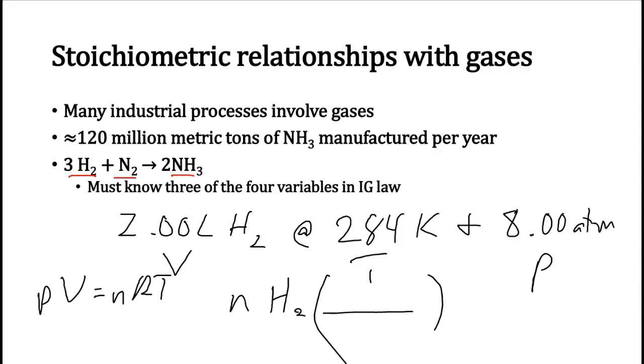We'd say, okay, for every 3 moles of hydrogen, we have 2 moles of ammonia. And then you could solve for whether you're looking for mass, molecules, or atoms. If you're looking for a volume, now you can use the ideal gas law. So this is a really powerful tool that we now have at our disposal.